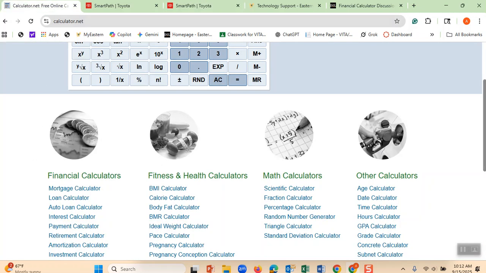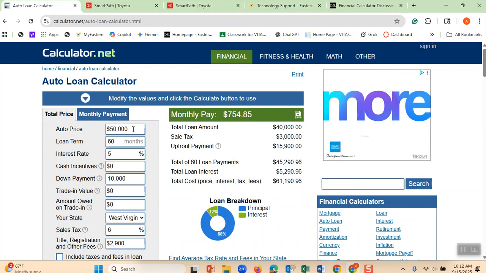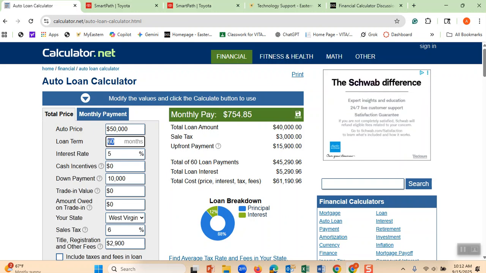I come here and I click on auto loan calculator. This is for someone who wants to buy a car for $50,000 and wants to pay in 60 months. 60 months means 5 years.